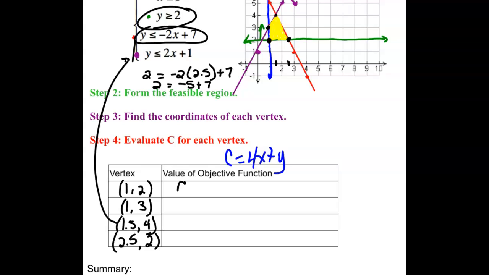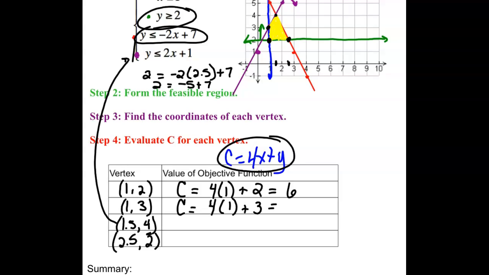We now have to evaluate them in our objective function: 4 times our x coordinate plus our y value. For the first vertex, 4 plus 2 would be 6. Our second vertex, 4 times 1 plus our y value of 3 gets us 7. Next, 4 times our x coordinate, 1.5, plus our y value. Well, 4 times 1.5 would be 6, and 6 plus 4 would give us 10.